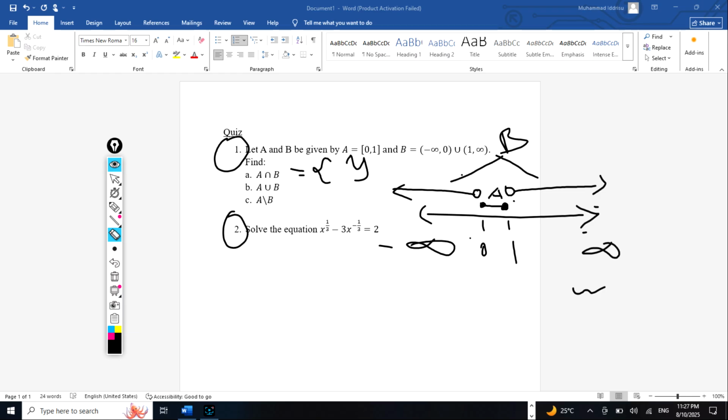So let's look at the other part. So B, which is A union B. So this time around we are combining the two.